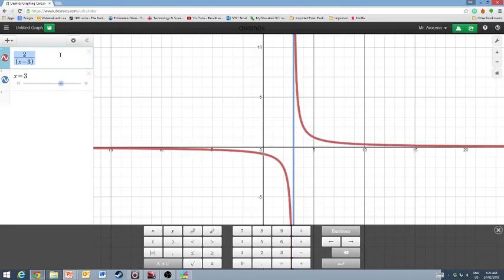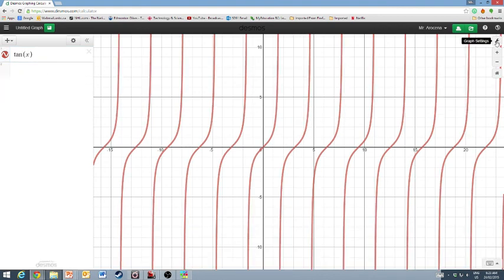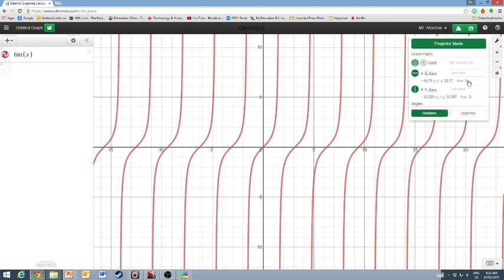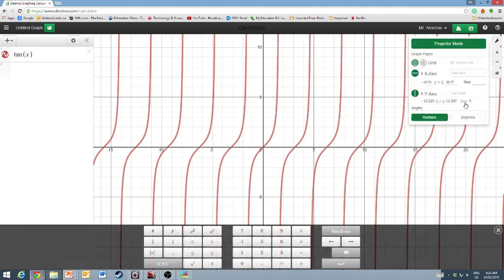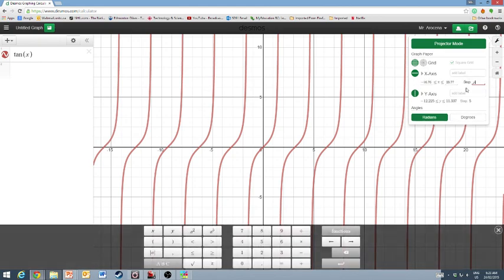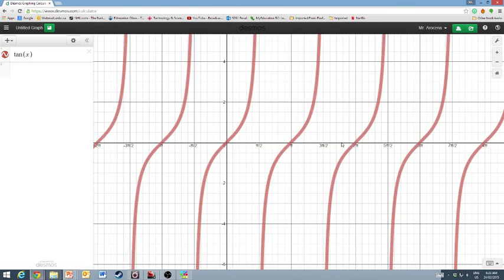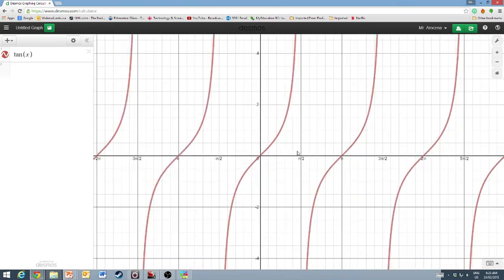Alright, so tangent x. Okay, that's crazy. I'm going to change this to steps of pi. Yeah, there we go. That looks better. And let's zoom in. There we go. There's pi over 2.